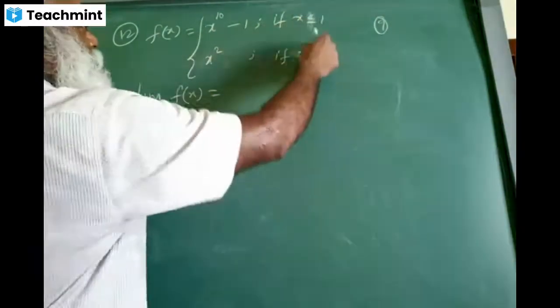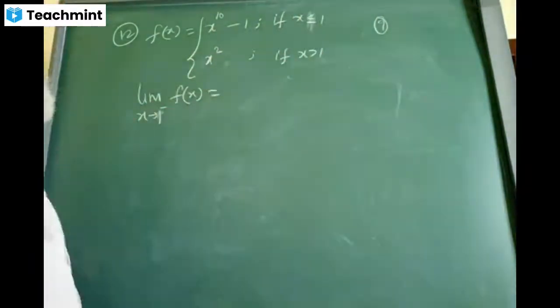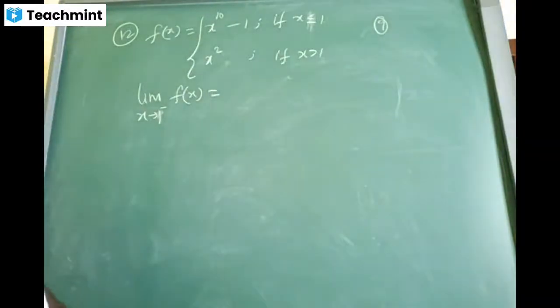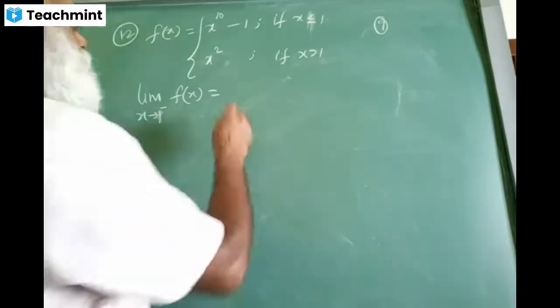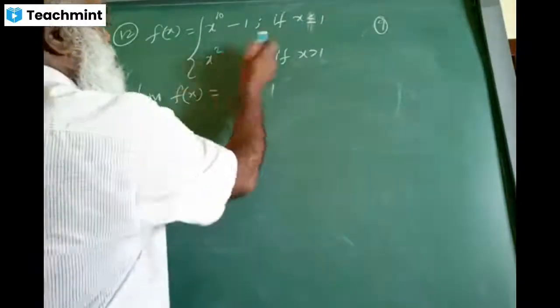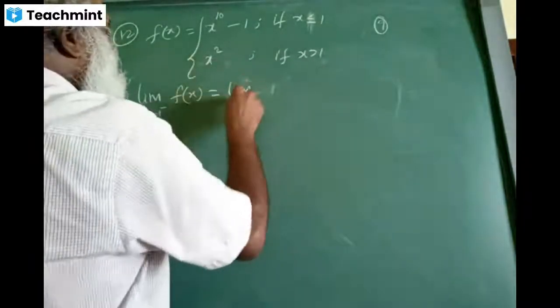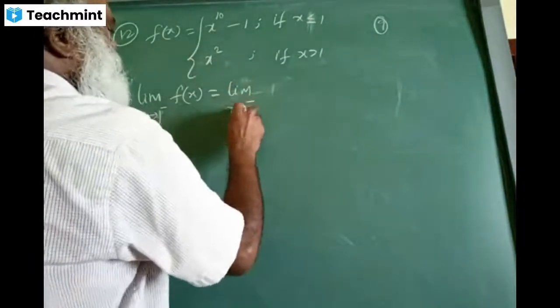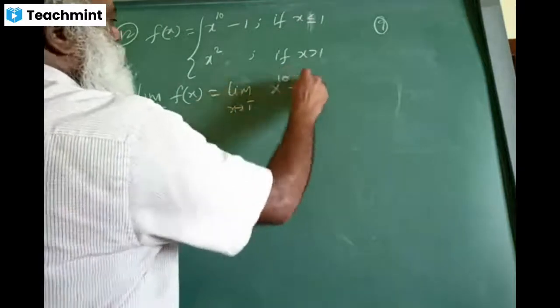We are discussing at the point 1. So it is 1 minus. Sir, x power 10 minus 1. Brilliant, sir. Brilliant. X power 10 minus 1. So I write it properly: limit x tends to 1 minus x power 10 minus 1.